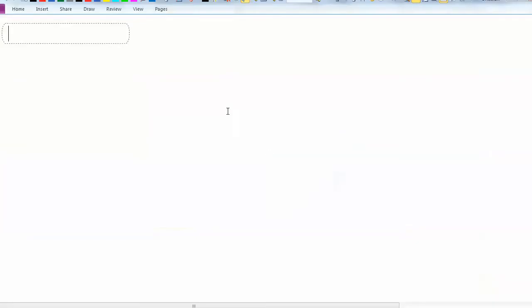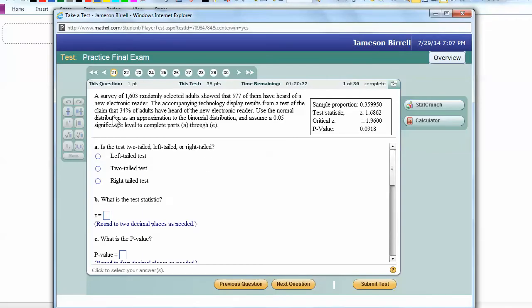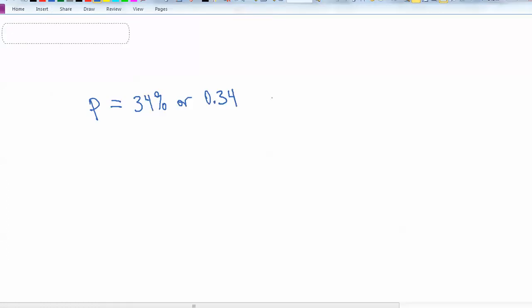So we're making a claim about the population proportion, and it is that 34% have heard about it. So we could write that as p equals 0.34. And since the claim is that that's how many have heard about it, it's an equality statement, right? And again, this is the claim.